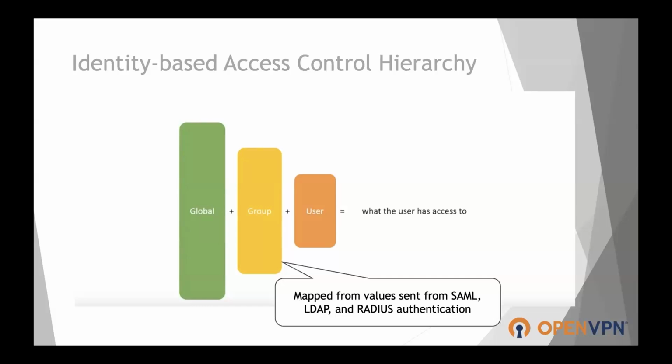And then you can map the user groups configured in Access Server to the groups or any other attribute that's configured in your identity provider that you authenticate with SAML or LDAP or Radius against.